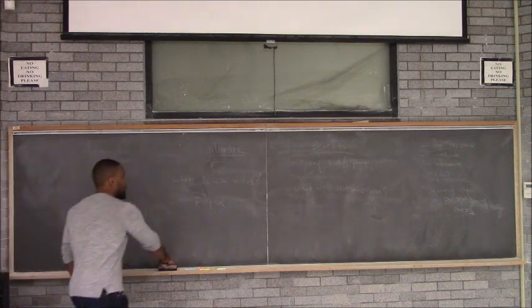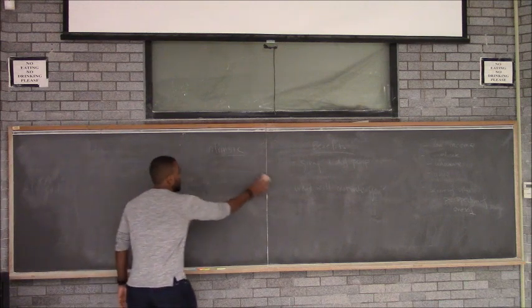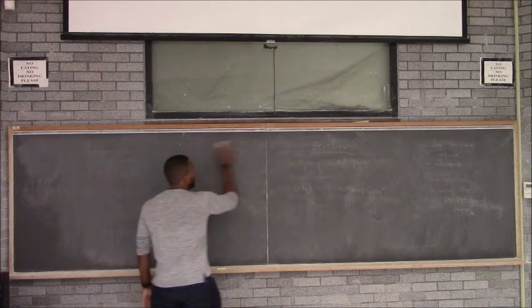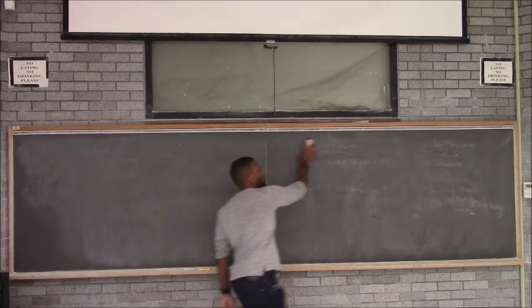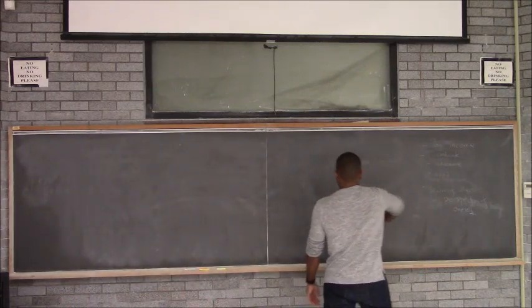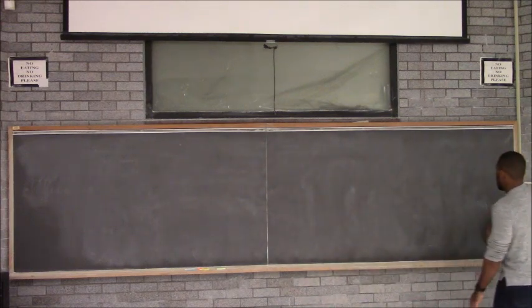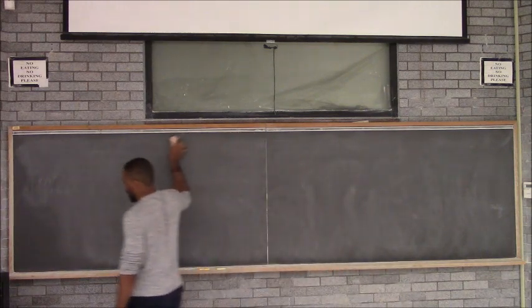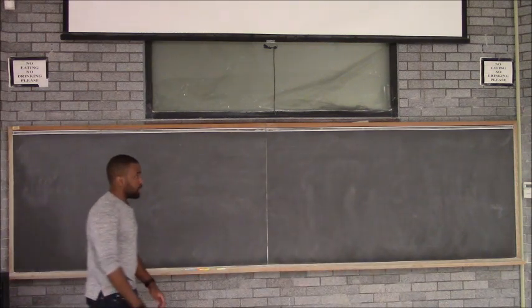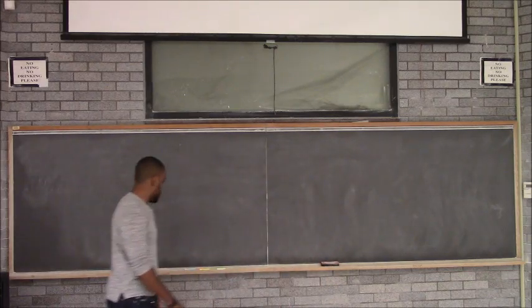Let's jump right in where we stopped, which I believe the last thing I did was draw the graph of the inverse sine function. So maybe let's do the inverse cosine function. There are really three that we tend to care about in Calc 1: the inverse sine, the inverse cosine, and the inverse tangent.